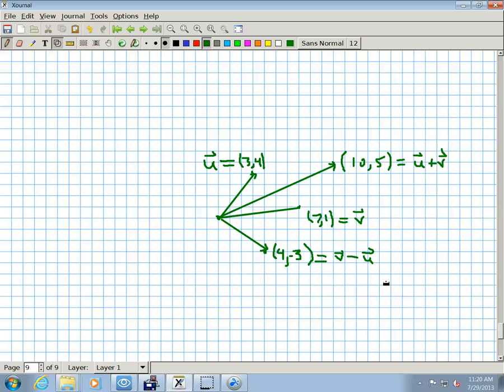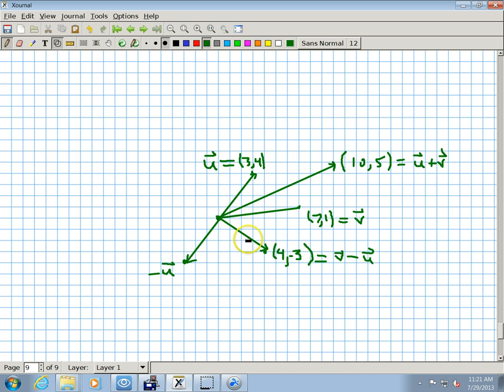You add the opposite. So instead of subtracting V minus U, I'm going to add V plus negative U. What do you think negative U is? If U is 3, 4, negative U is negative 3, negative 4. So if I draw that, let's see, from the origin, 1, 2, 3 to the left, and 1, 2, 3, 4 down is this vector here. Let's say that's negative U.